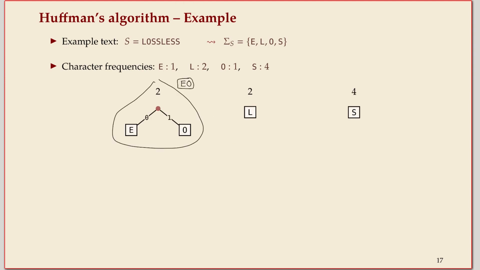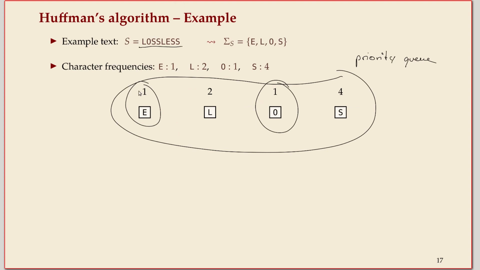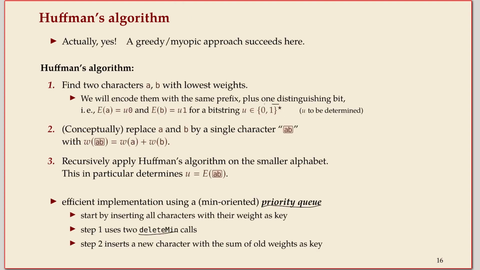Now, as you can see in this example, whenever we take two things out, I've described here in text that we take some common prefix that we don't know yet, the U, in the code words for A and B, and then there's a single bit that separates them. That's the same as saying in the code trie, there will be a node somewhere in the tree, so there's a path from the root to this node that has path label U, but we don't know what that looks like yet.